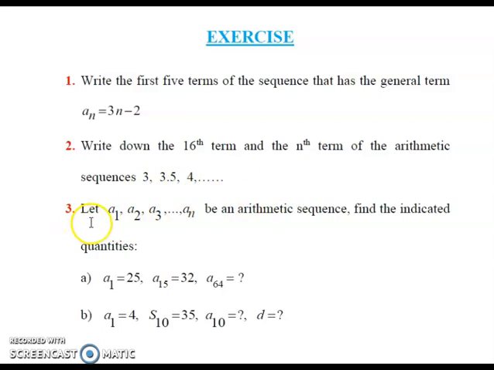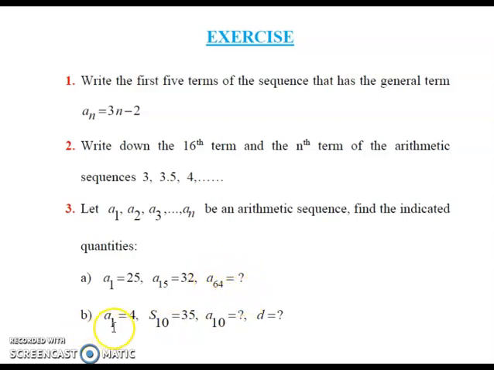Third problem, let a1, a2, a3 and so on an be an arithmetic sequence. Find the indicated quantities. Problem A, a1, the first term, is equal to 25, a15 is equal to 32. Find a64, that means the 64th term of the arithmetic sequence.